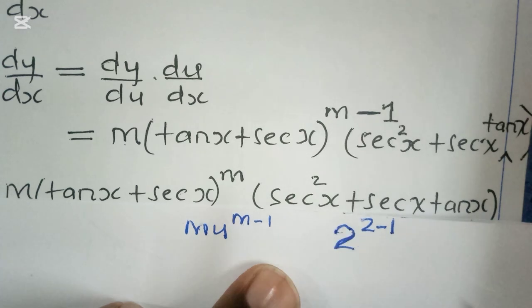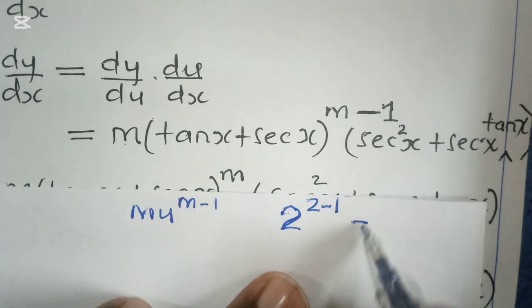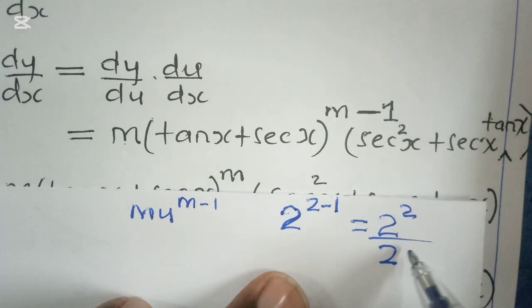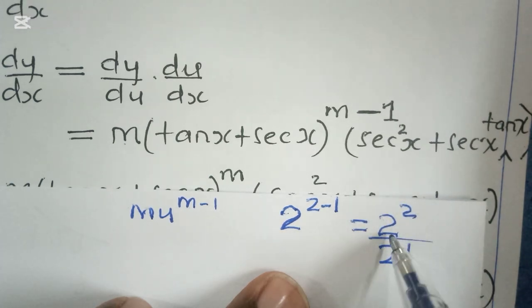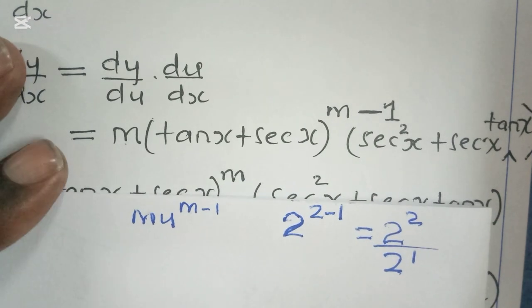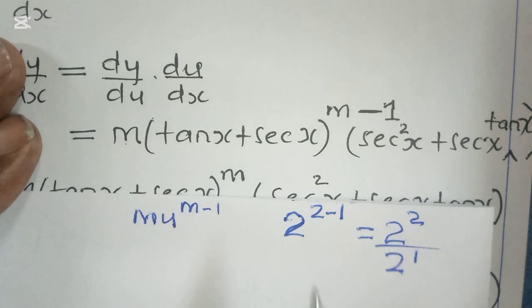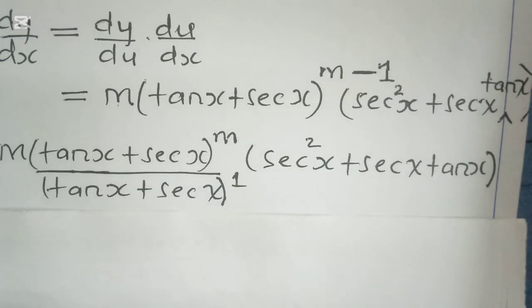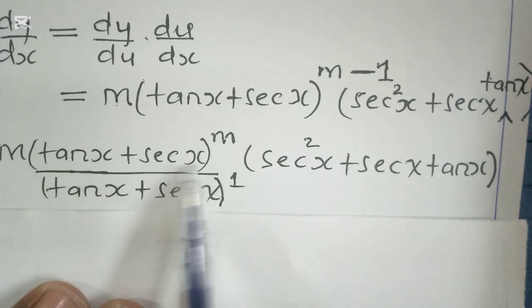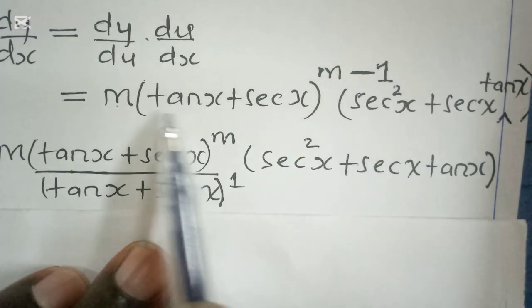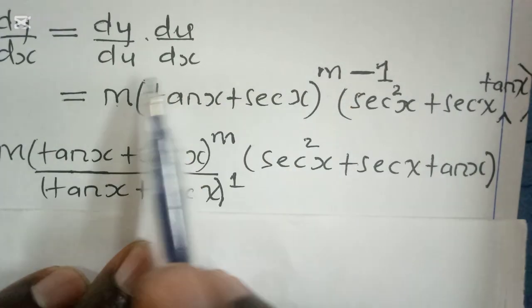This is the same as writing 2 raised to 2 all over 2 raised to 1. And so for this equation, we can still write the same way. By indices, this is the same as that.